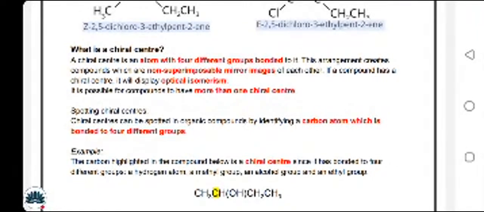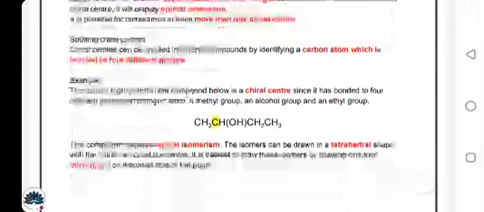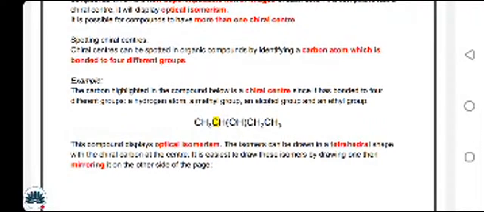Spotting chiral centers. Chiral centers can be found in compounds by identifying a carbon atom which is bonded to four different groups. As you can see, this carbon which is highlighted yellow is the chiral center, for the reason that it has a methyl group, an alcohol group, an ethyl group, and a hydrogen atom.